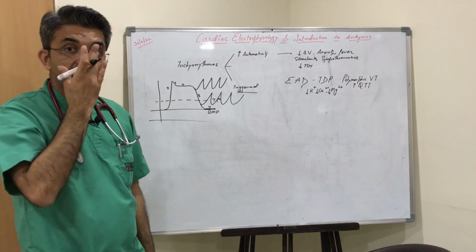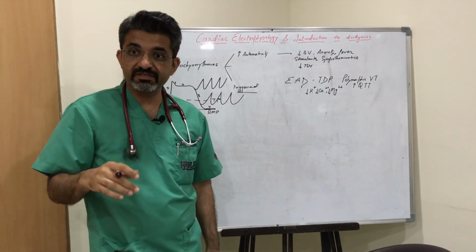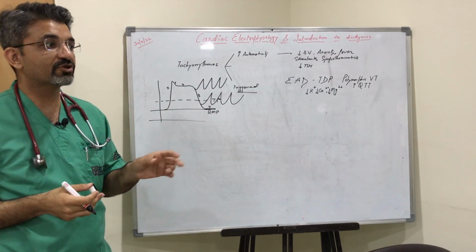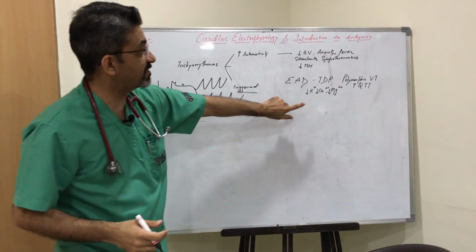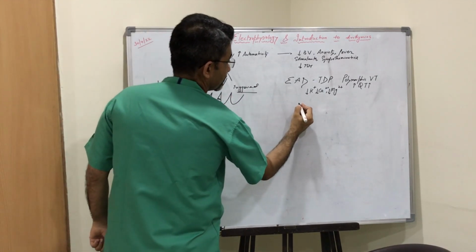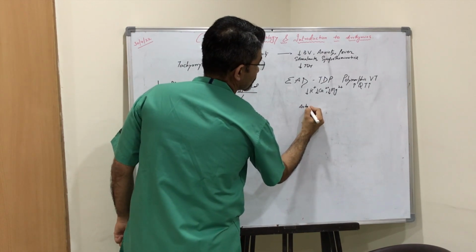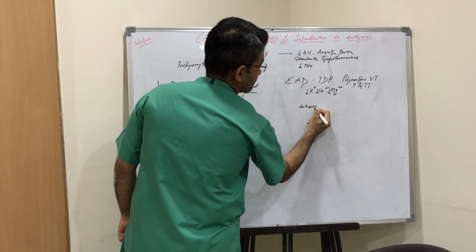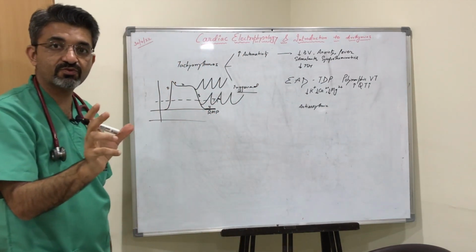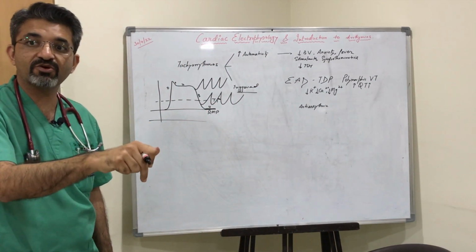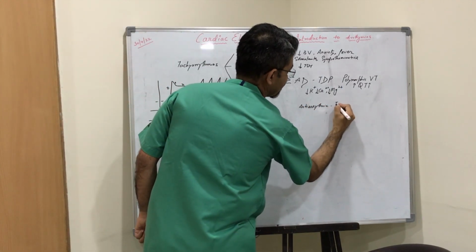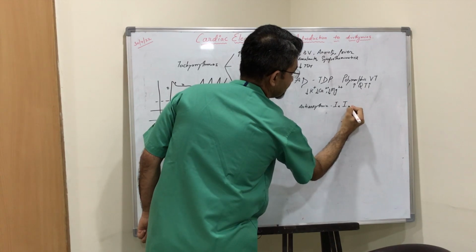Now there are certain situations where TDP, or Torsade points, or polymorphic VT with prolonged QT interval can be precipitated apart from this. So it can be antiarrhythmic use. Drugs, antiarrhythmics in special situations can produce polymorphic VT with prolonged QT interval, particularly class 1A, 1C and 3.